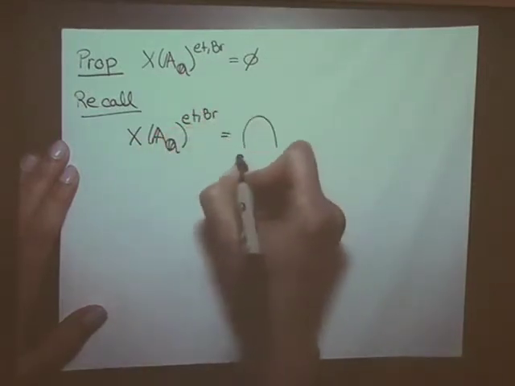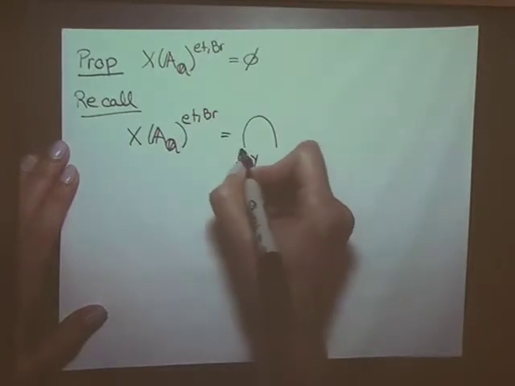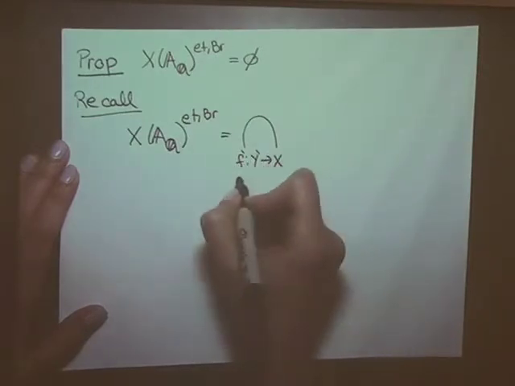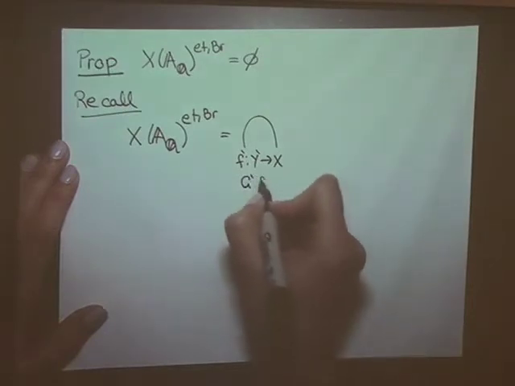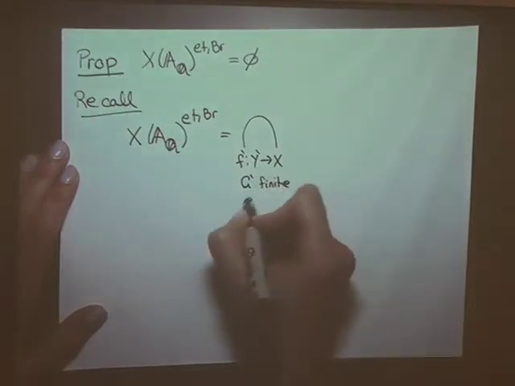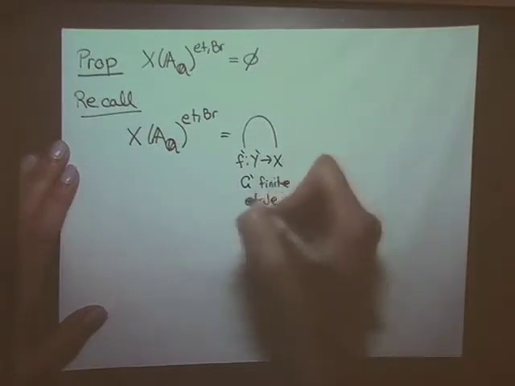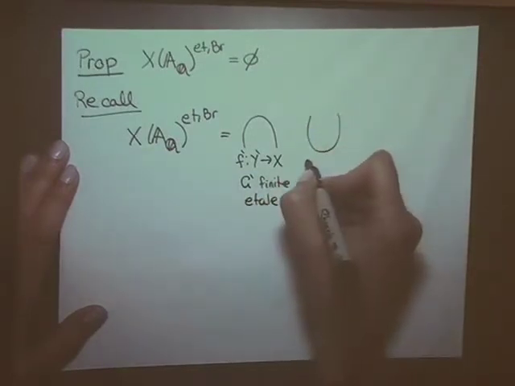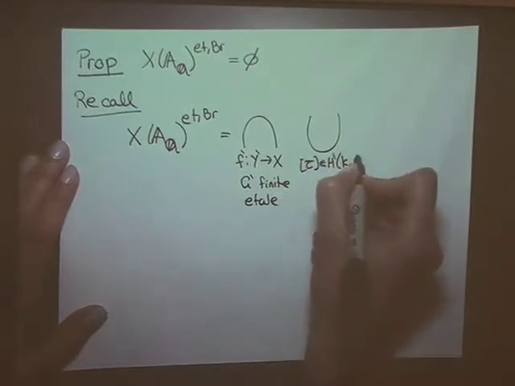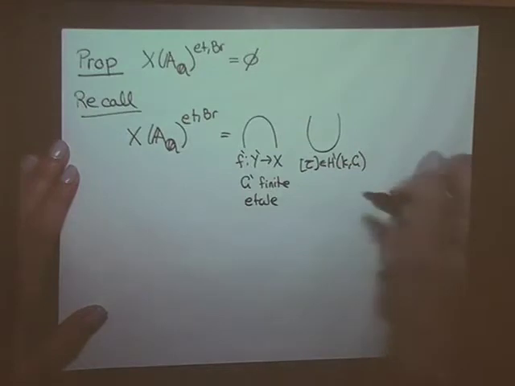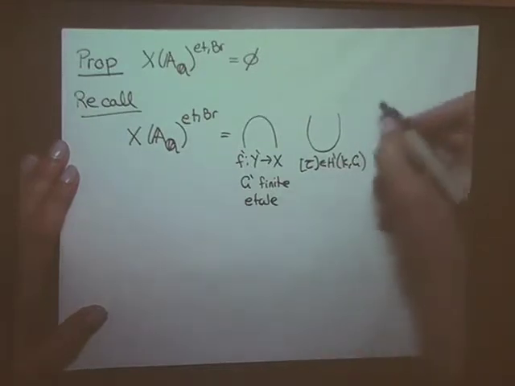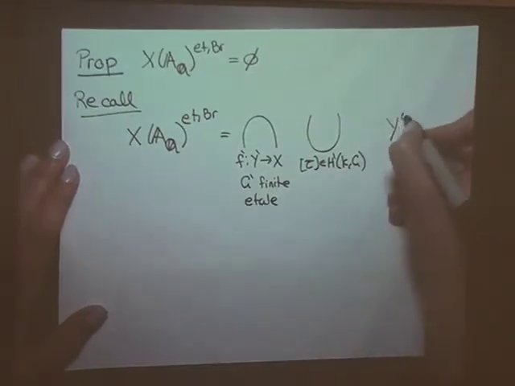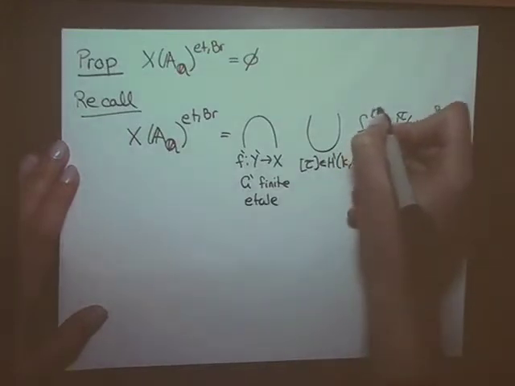I take the intersection over all torsors under finite étale groups G. And then for each of those, I take the union over all isomorphism classes of G-torsors over K. And then I look at the twist of this, take the adelic points there, take the Brauer group there, and map it down.